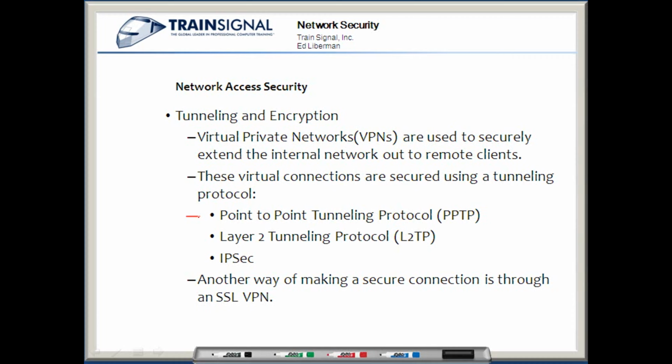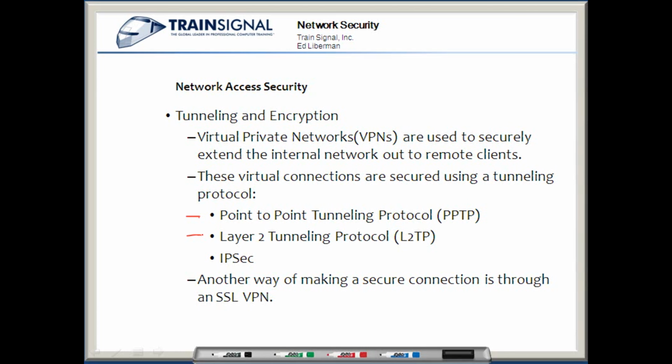Now, if you have newer operating systems in place, then we can use the layer 2 tunneling protocol, or what's known as L2TP. L2TP has more advanced functionality, and I will tell you that most of the benefits of L2TP are kind of behind the scenes.